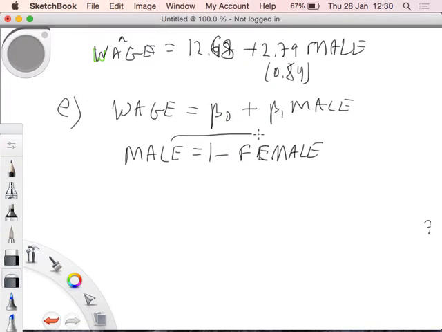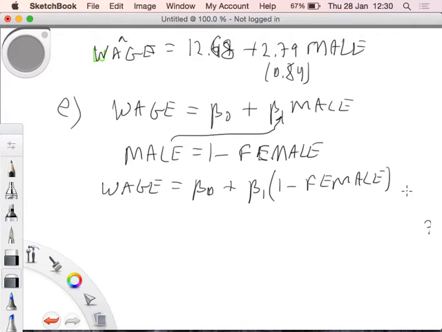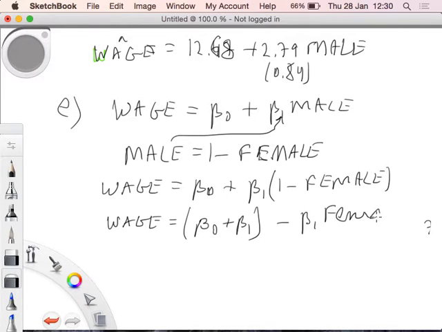So use this by plugging into this to work out a slightly different model. And wage, this is our new population model.